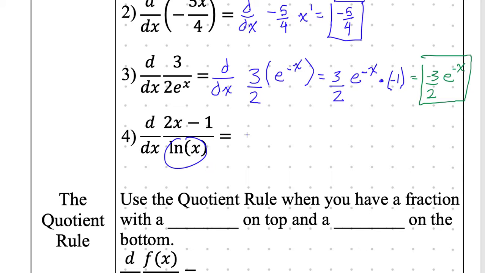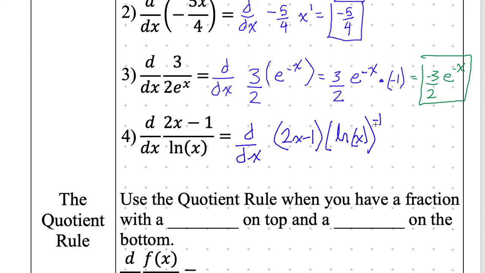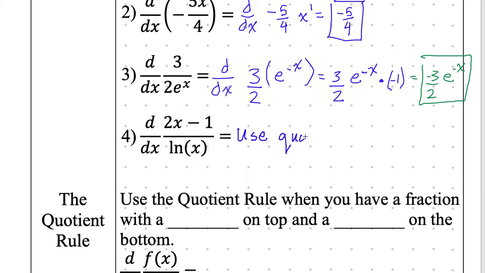Yeah, you could, but even if you did that, you'd be dealing with, and don't write this down, the derivative with respect to x of 2x minus 1, all of that times another function, natural log of x, all of that to the power of negative 1, and it's going to be product rule. And you have negative powers, so it's going to be hard. You could do it with product rule, but generally speaking, the answer here is to use the quotient rule.